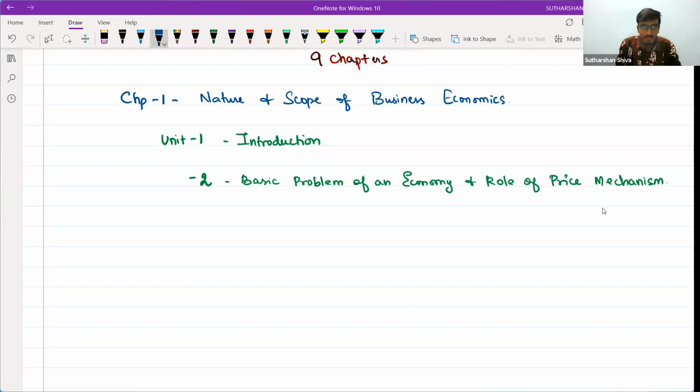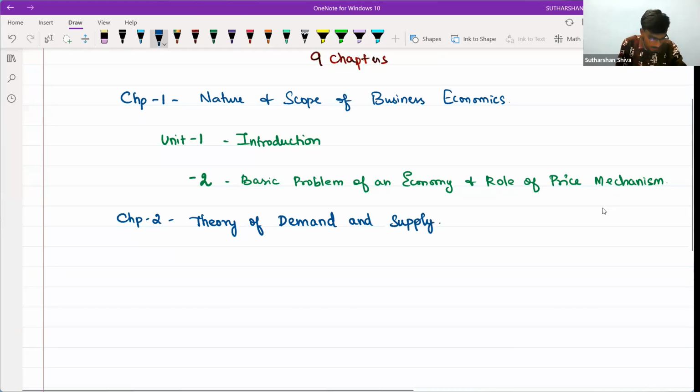Coming to chapter number 2, which is a very interesting chapter: theory of demand and supply. In this chapter you have 3 units.